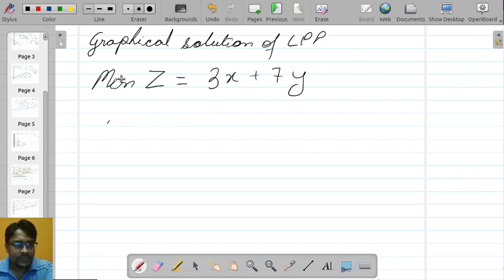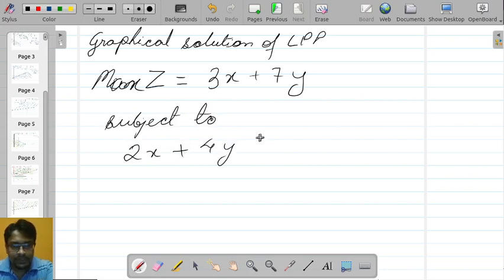Let us start with the maximization problem, subject to the constraints, say 2x plus 4y is less than or equal to, let me take a larger number so that it's easier to plot the graph, say 12.